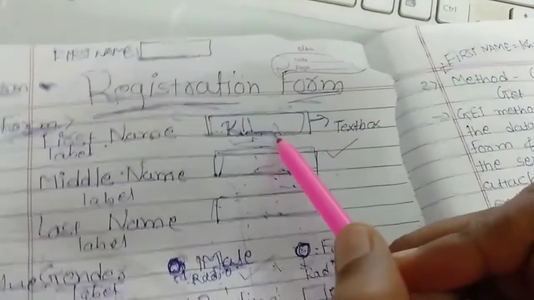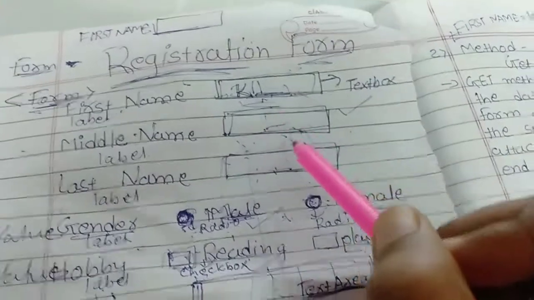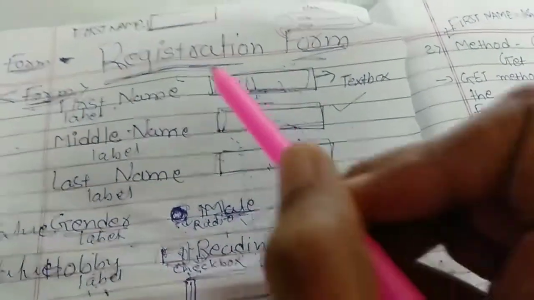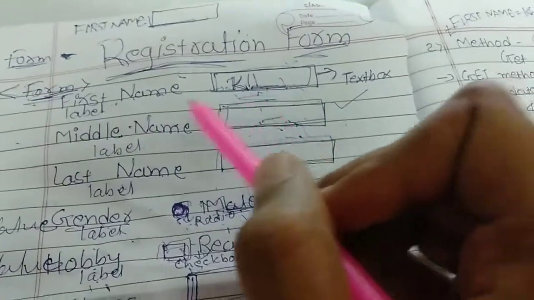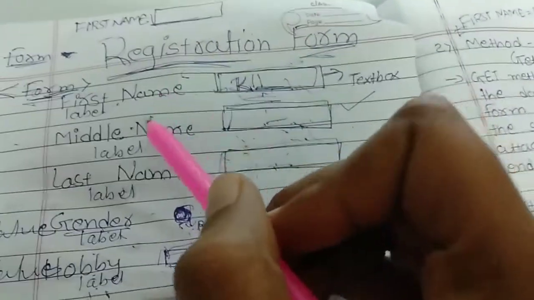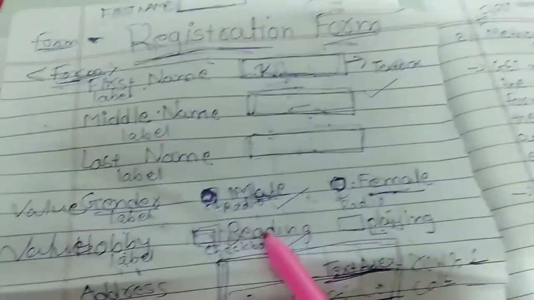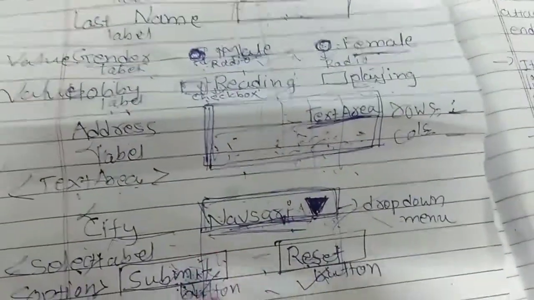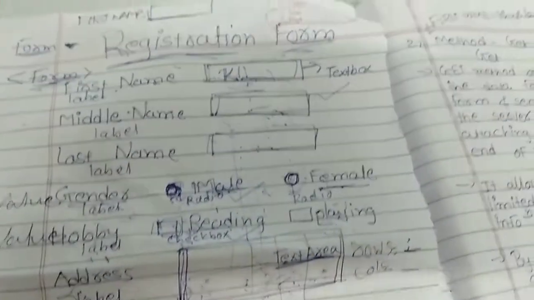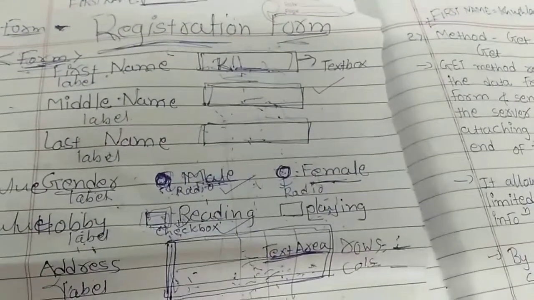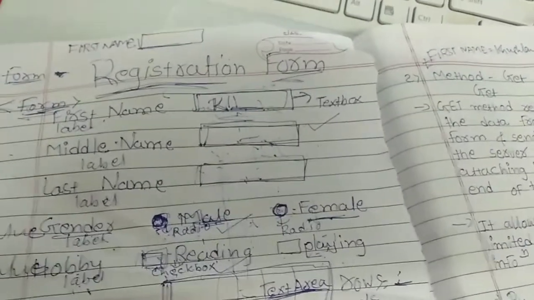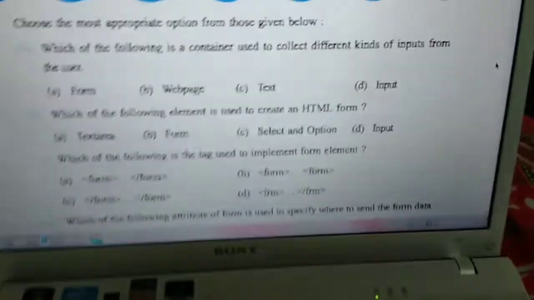In this form we have to collect different inputs from the user. For example, the user fills in his or her first name, middle name, last name, gender, hobby, address, city, and then clicks the submit button. It is known as input, and then the computer processes it and gives us output.